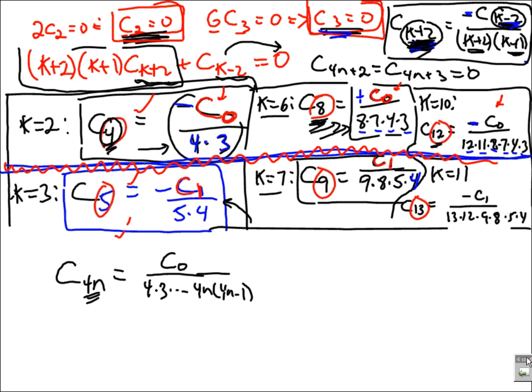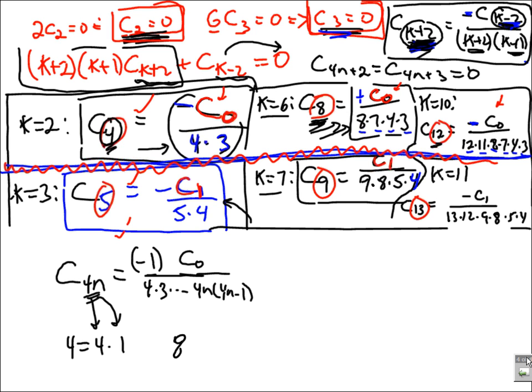Now, how do we handle the minus sign? Well, if the signs are going to alternate, it's going to be -1 to a power. Remember, 4, the first subscript, is 4 times 1. 4 is 4, and n is 1.